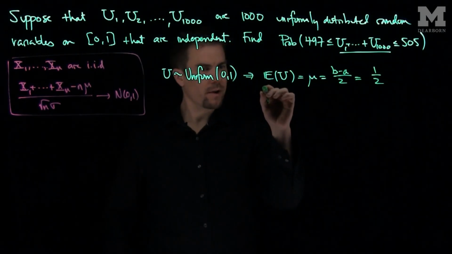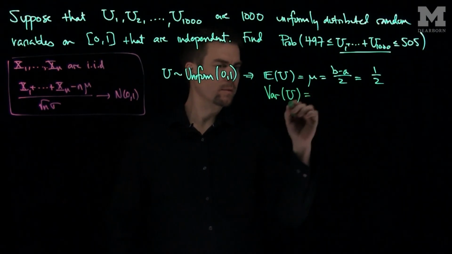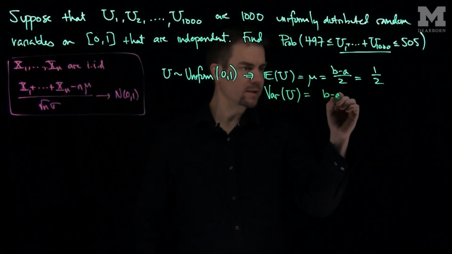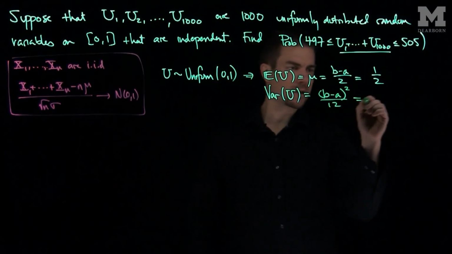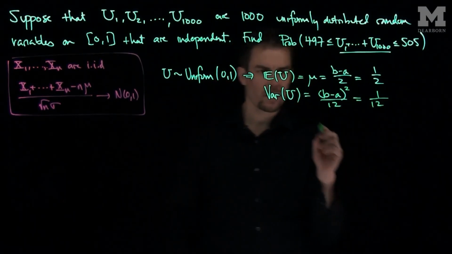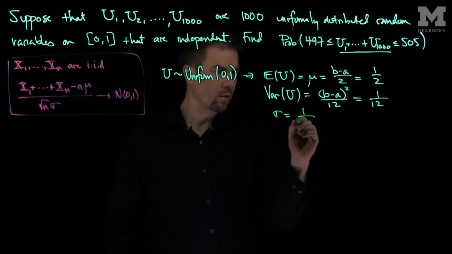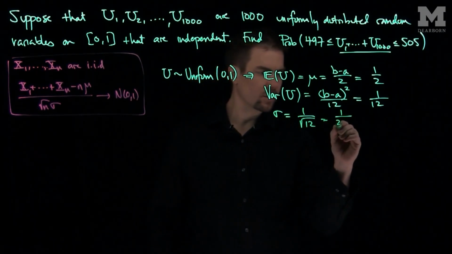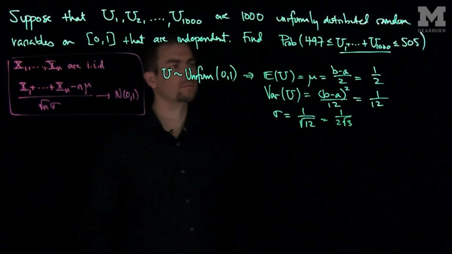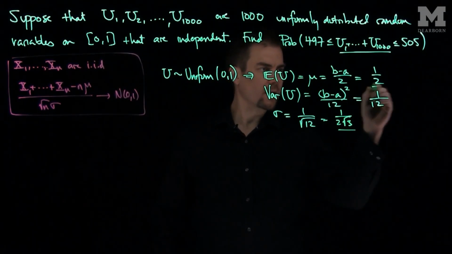And then we know that the variance of U is going to be b minus a squared over 12, which in this case is just going to be 1 over 12. That tells us that the standard deviation, sigma, is going to be 1 over the square root of 12, which is 1 over 2 square root 3. So we have our common standard deviation, we have our common mean.